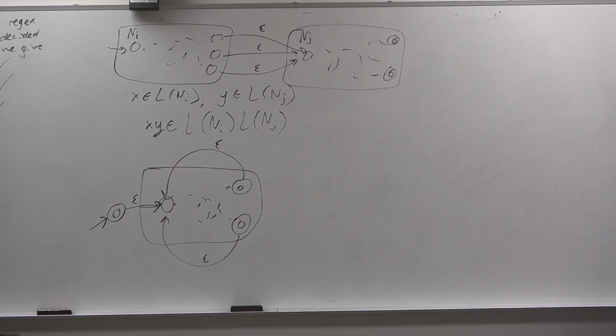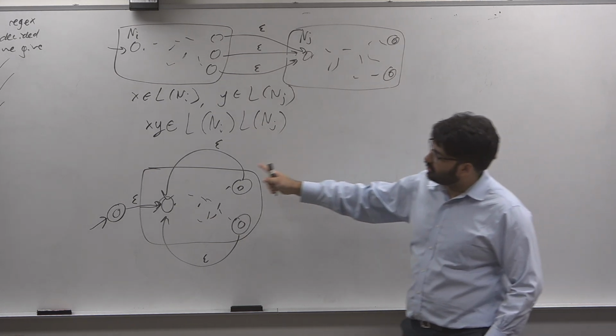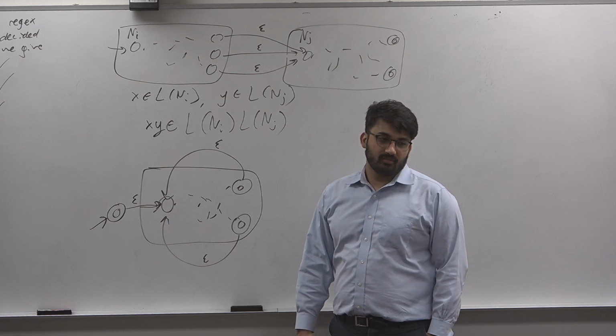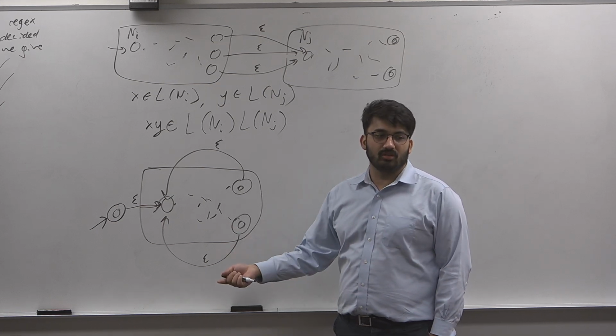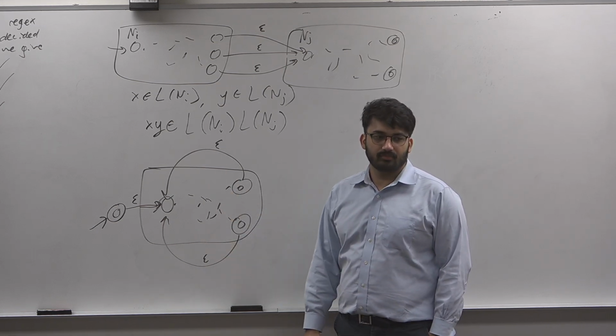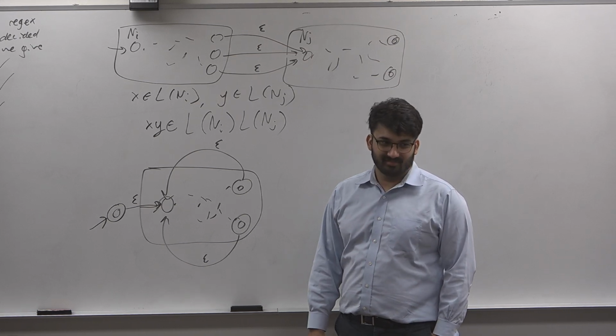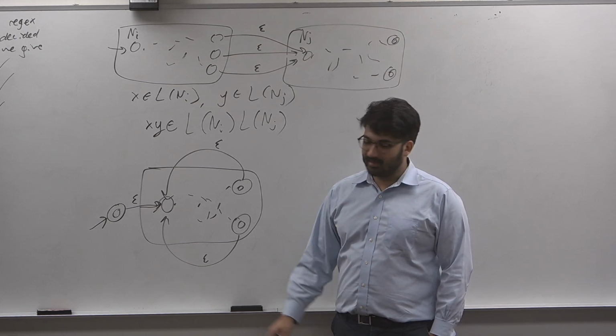Yes? Why do we need the new state? Because if you just epsilon here, it doesn't accept the empty string. But the empty string is always a part of the star. If you do that epsilon without the new state, couldn't you make that original state the start state and then just make it accepting?